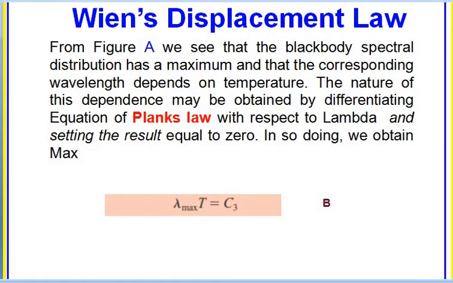If the above Planck's law is differentiated with respect to lambda and the result set equal to 0, we get lambda max and T, that is the product of lambda max into T will be equal to one constant C3.